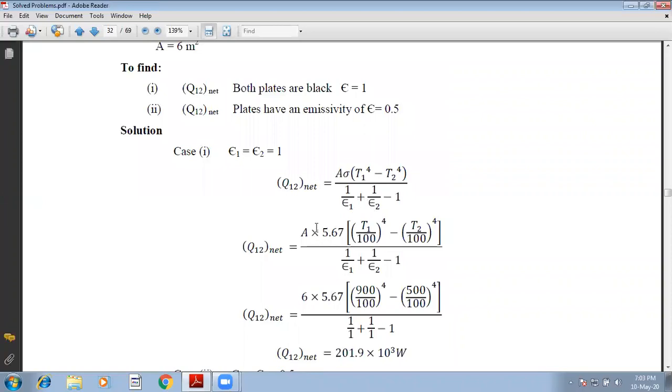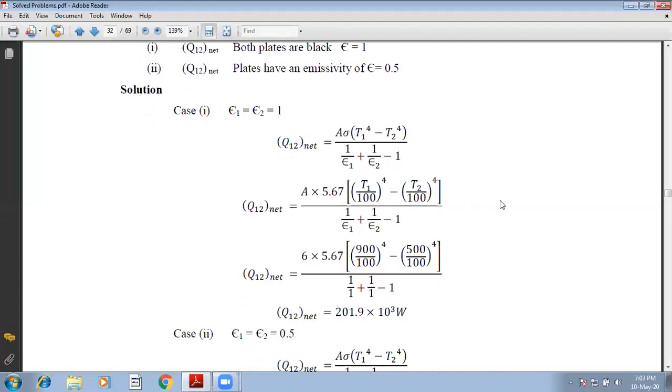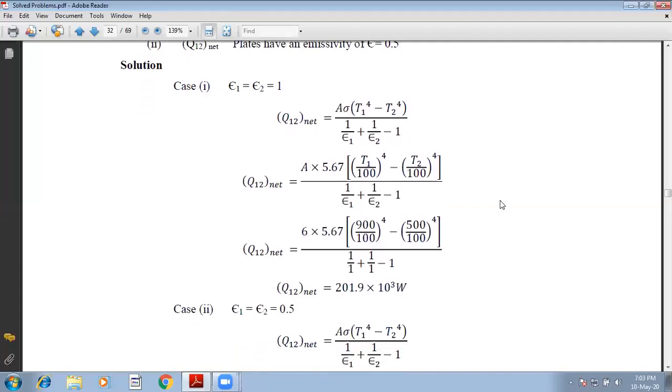Now, if you substitute the values of emissivity epsilon 1 and epsilon 2, which are the emissivities of surface 1 and surface 2, as 1, and if you substitute the sigma value as 5.67 into 10 raised to minus 8, we'll have a value of 201.9 kilowatts.